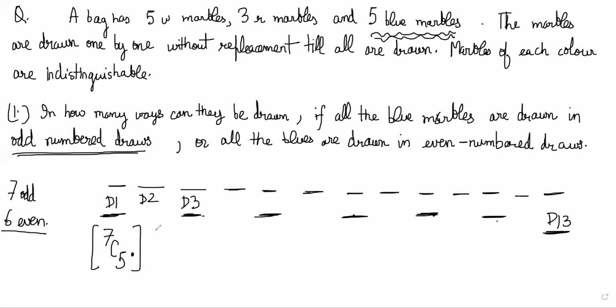So that has to be filled by 5 white and 3 red marbles. How many ways can you fill that? So 7C5 into what should we write? They can be anywhere, right? 8 spots are there, you have to arrange 5 white and 3 red in that.